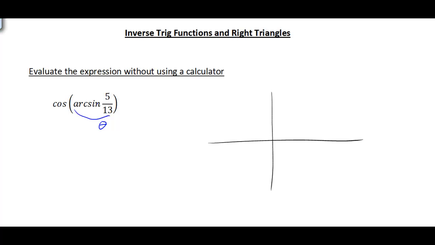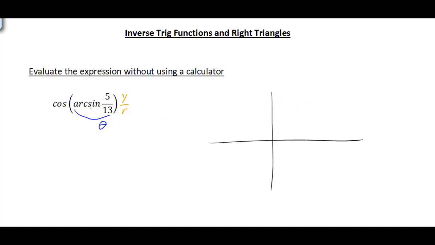Well, the sine is y over r, and we know that the 5 is positive, so that means we're going to go up 5. So our angle theta must be in either the first or second quadrant.